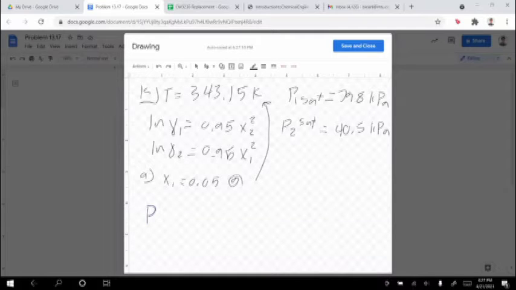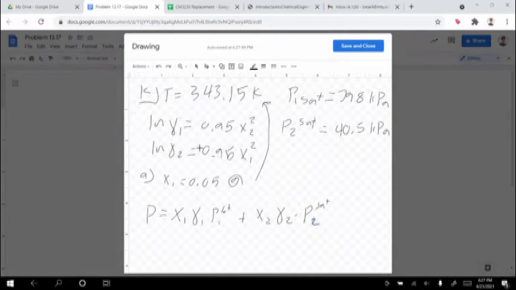So this is total pressure is equal to the liquid fraction of component 1 multiplied by the activity coefficient for 1 multiplied by the saturated pressure for component 1 plus the liquid fraction for component 2 multiplied by the activity coefficient for component 2 multiplied by the saturated pressure for component 2.